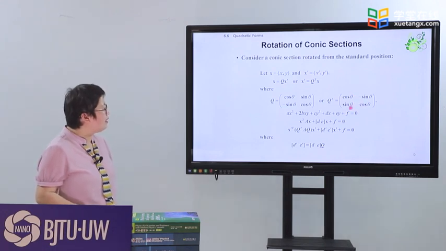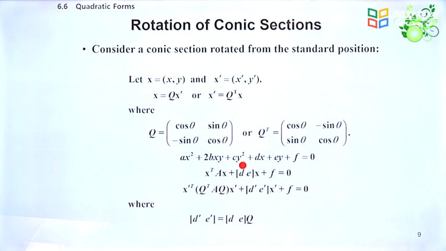Okay, and here we have the general form of the equation. The quadratic equation is ax power 2 plus 2bxy plus cy power 2 plus dx plus ey plus f equals 0, and we write it in this matrix form. Then for this matrix A, if we define x prime equals Q transpose x, then x equals Q x prime.